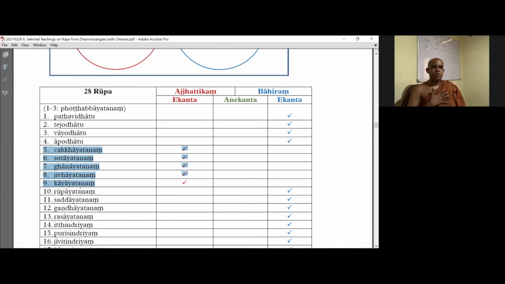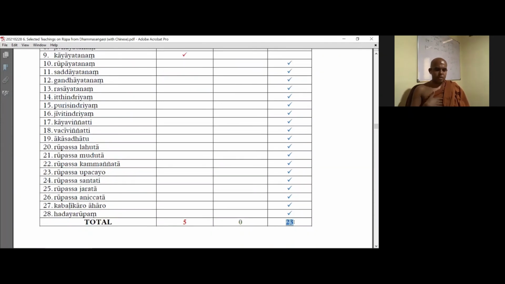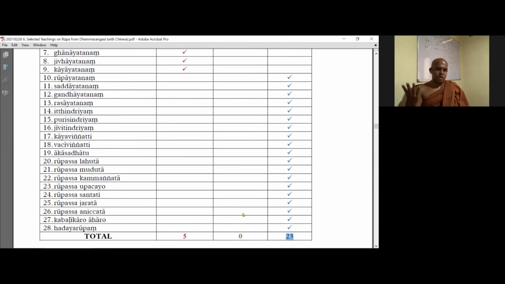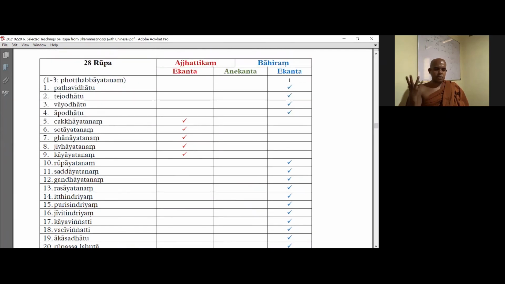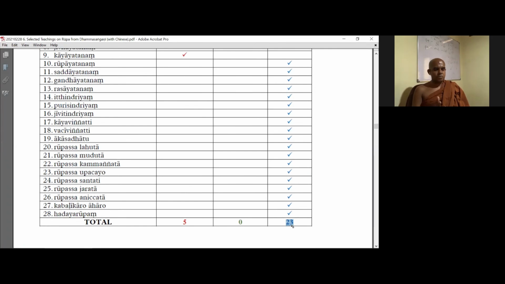Those five pasada, the five sense rupa, are called ajjatta, internal. All the rest are called bahira, external: the four mahabhuta, the gochara rupa, etc. So there are five ajjatta rupa and 23 bahira rupa.